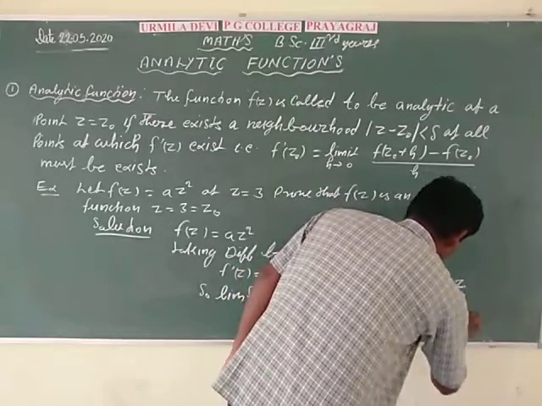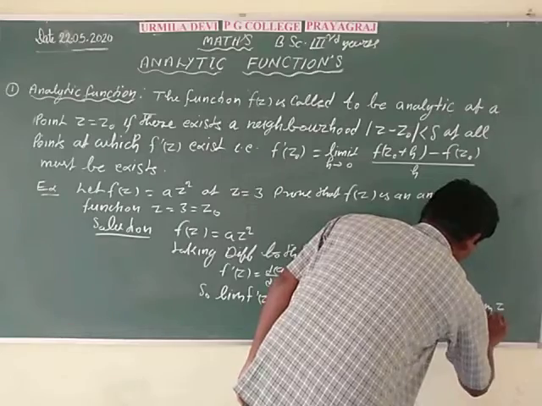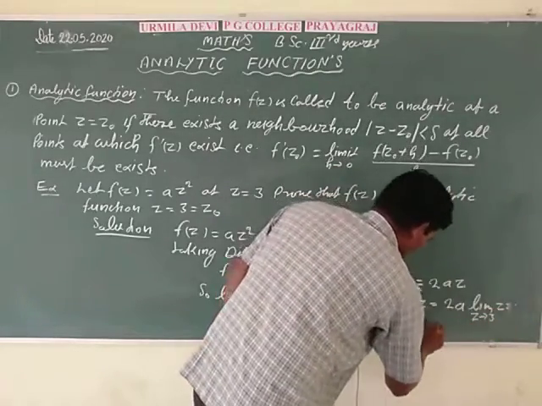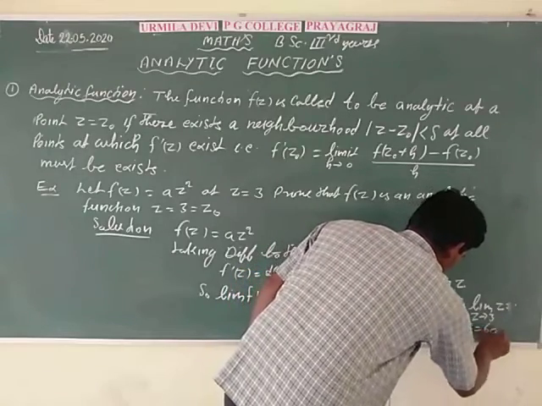So 2a and the limit of z tends to 3 is equal to 2 times a into 3 is equal to 6a.